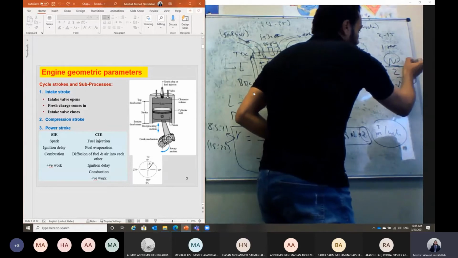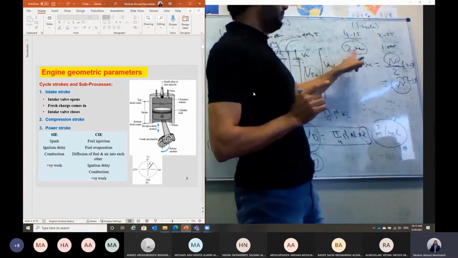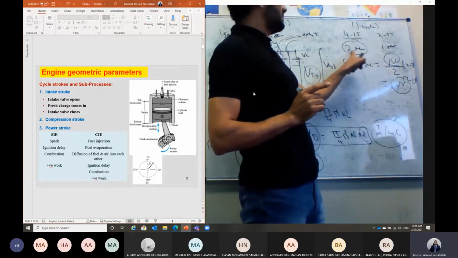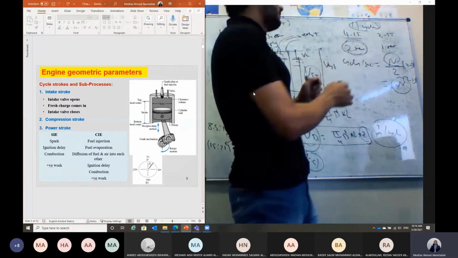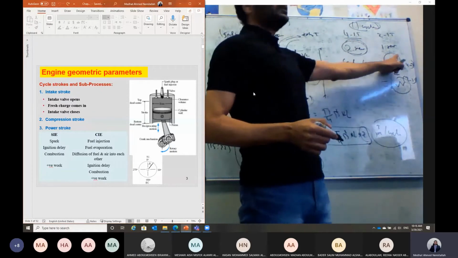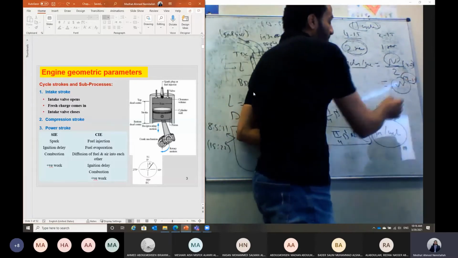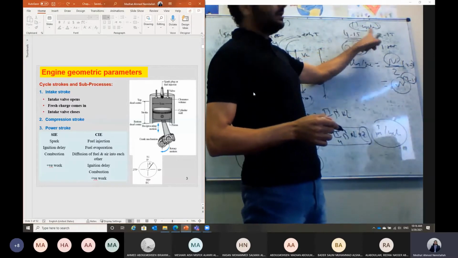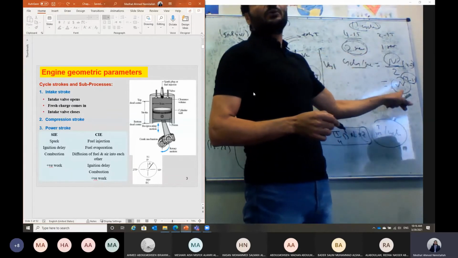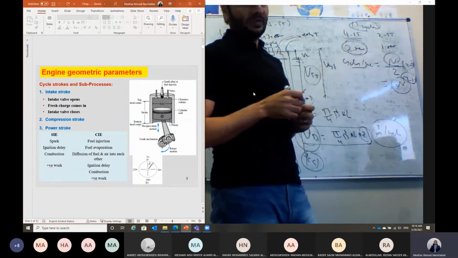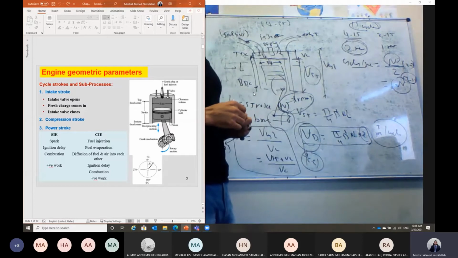So in case of a 4-stroke engine, the number of cycles per second should equal the number of revolutions divided by 2, because for each 1 cycle, we should have 2 revolutions. So the number of cycles per second for 4-stroke is equal to N divided by 2. And in case of 2-stroke, we have 1 cycle for 1 revolution. That means the number of cycles per second should equal the number of revolutions per second. But usually this term N is measured in revolutions per minute, RPM.